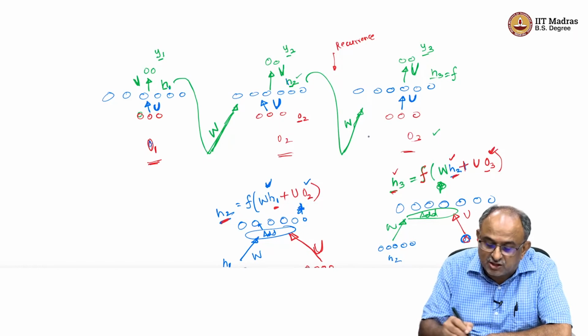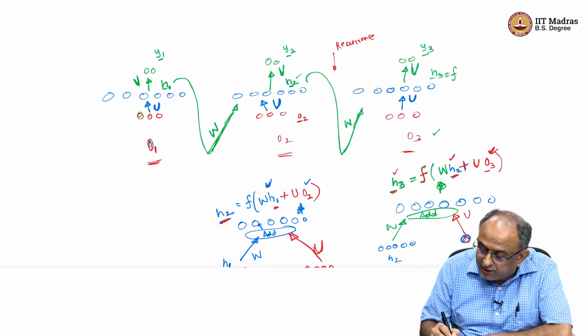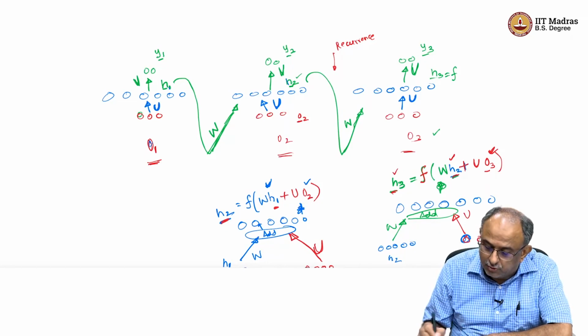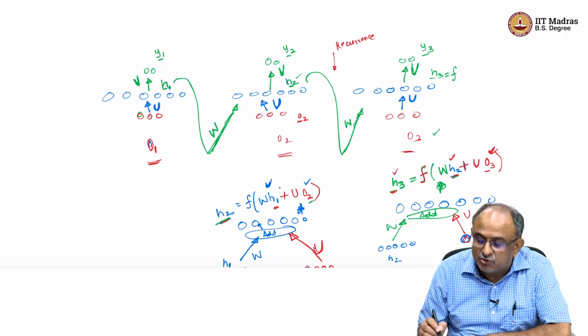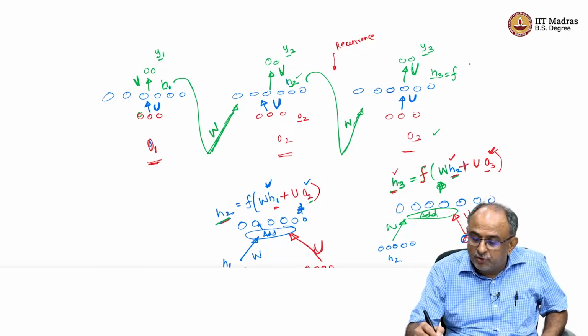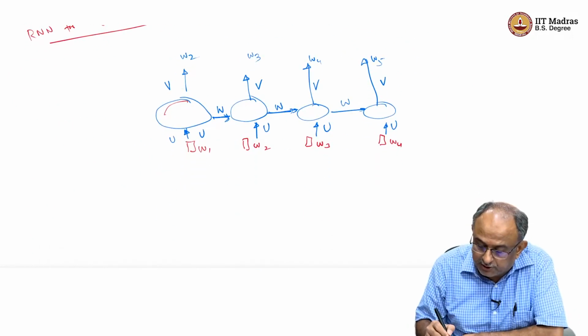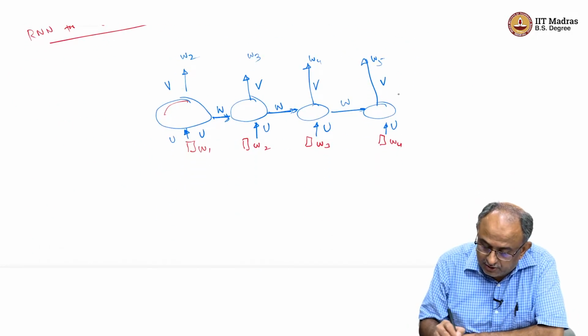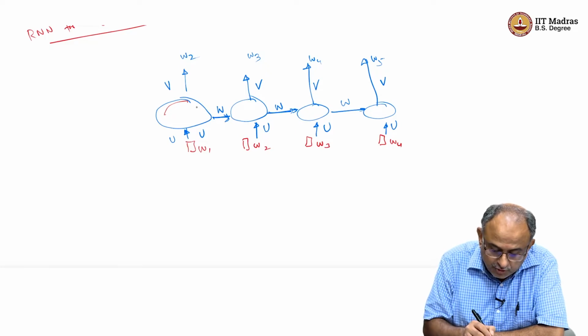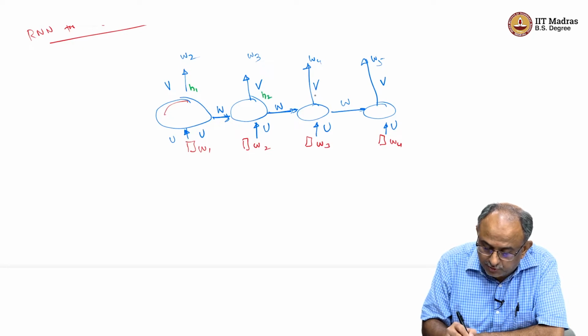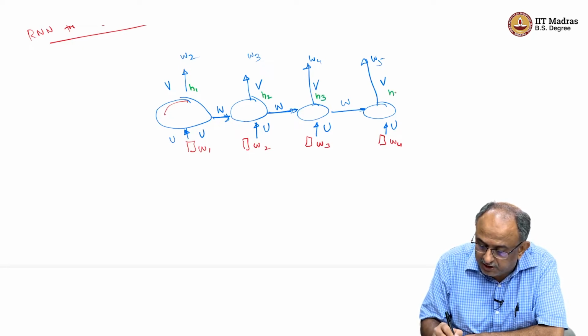Now if I look at H3, what does it depend on? It depends on H2, but H2 itself depends on O2 and on H1, which itself depends on O1. So every output depends on all the inputs. If I look at this particular input, this will be the H1 input, this the H2 input, this the H3 input, this the H4 input.